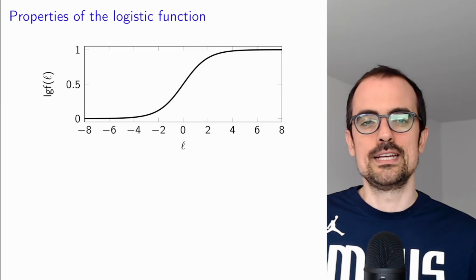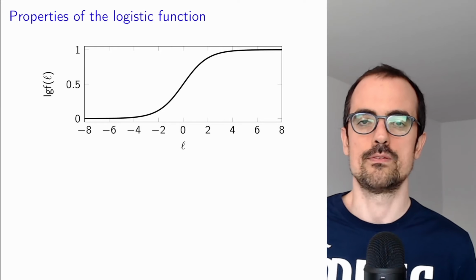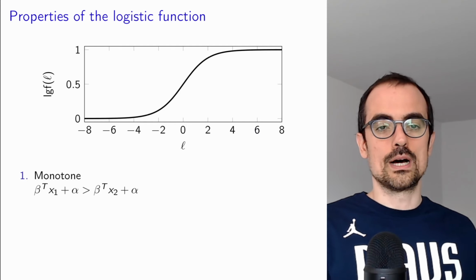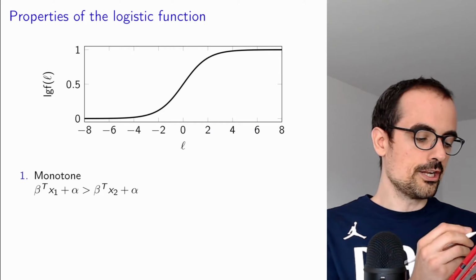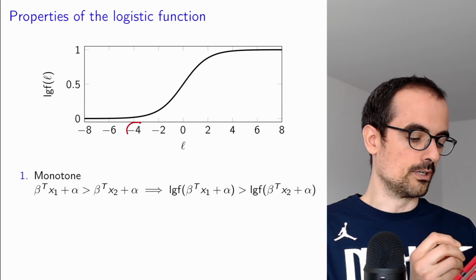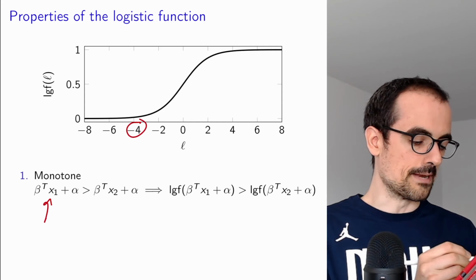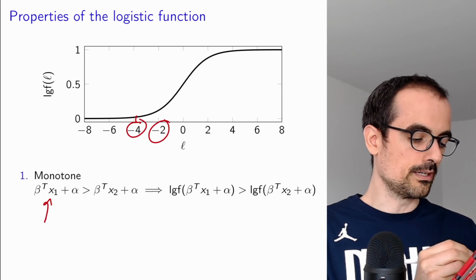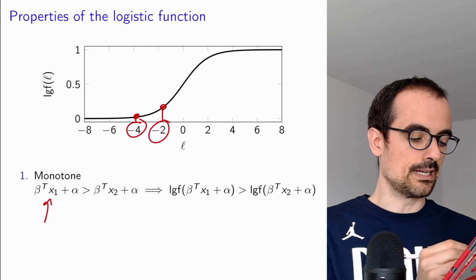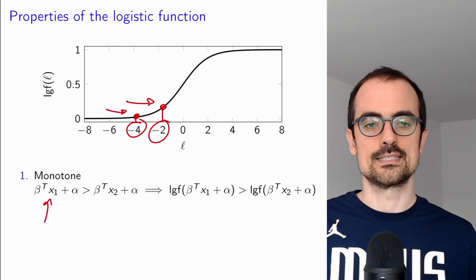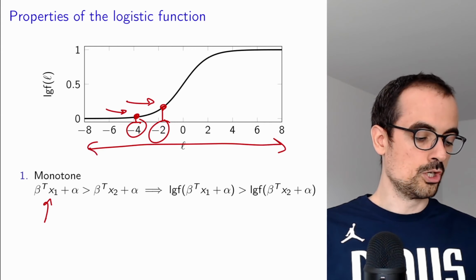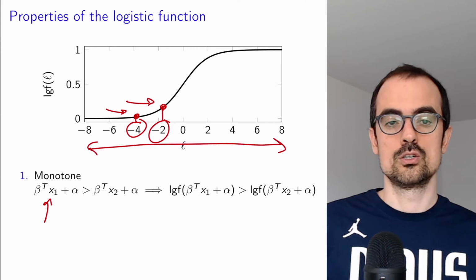So why is it a good idea to use the logistic function to do this? Well, there are different reasons. One, it's monotone. So if the linear model assigns, let's say, -4 to a certain set of features and -2 to the others, then the corresponding probabilities are going to preserve that order. The probability assigned to -2 is going to be larger than the probability assigned to -4. And this holds through all the possible values of the linear combination of the features.